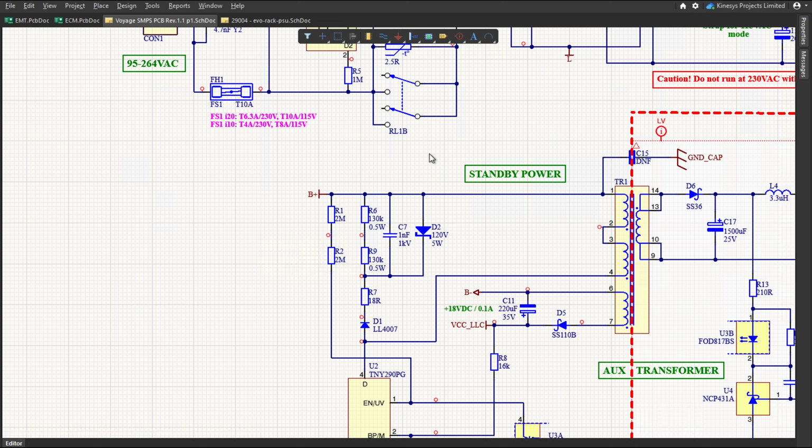So this is another essential part of a switch mode power supply schematic, and if you do not see that in your switch mode power supply, you should definitely consider adding it or talk to someone about it.